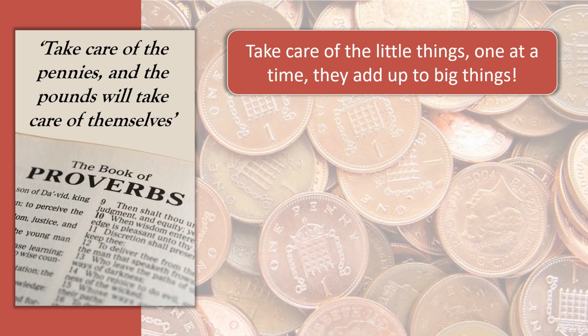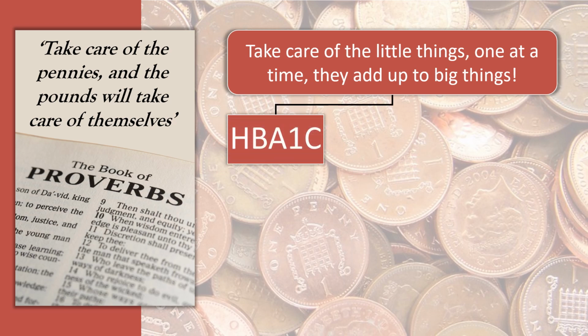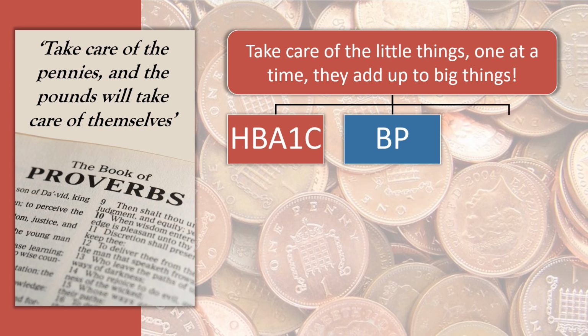And the 3 little things, and they're not little things, but in the context of this, that we need to take care of are the HbA1c, blood pressure, and finally lipids.